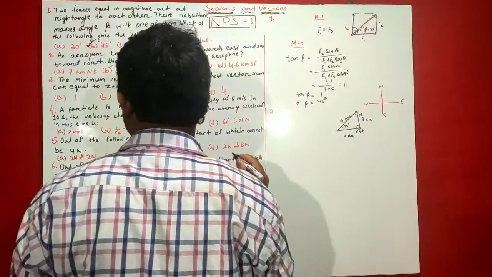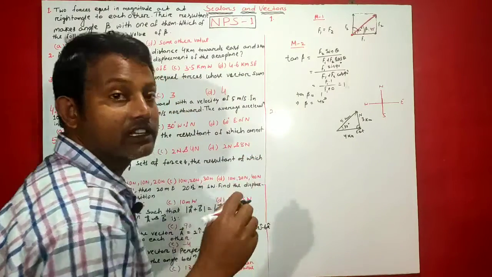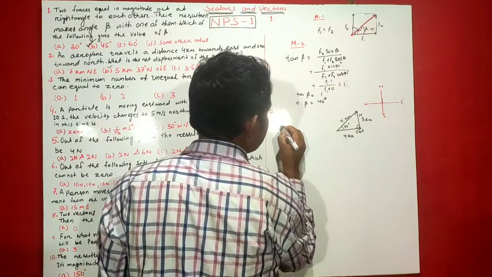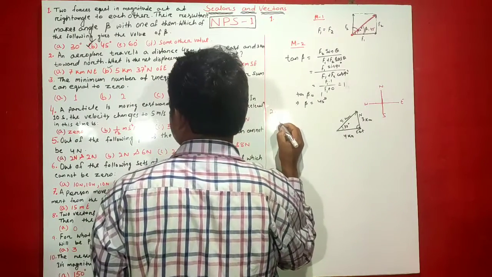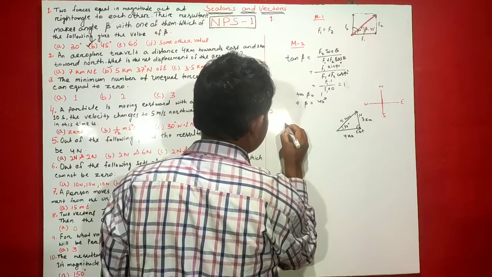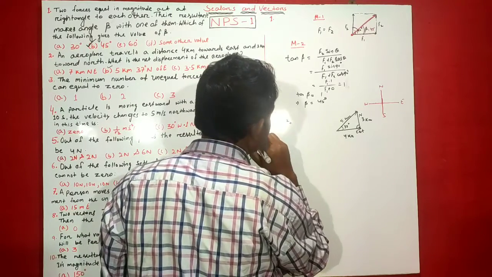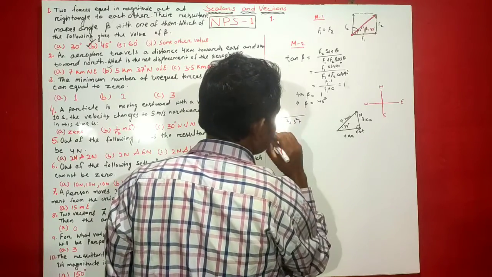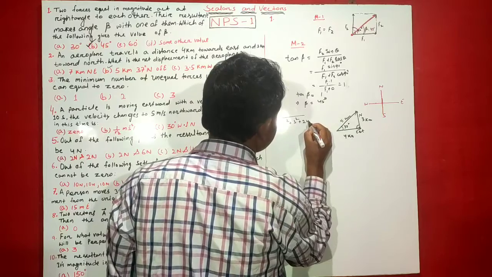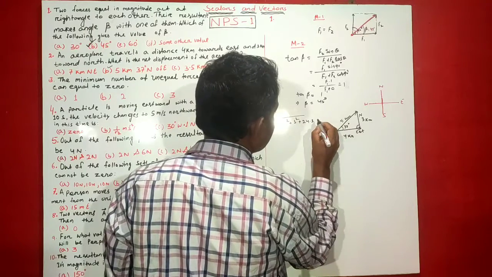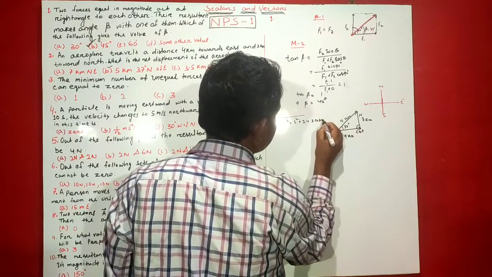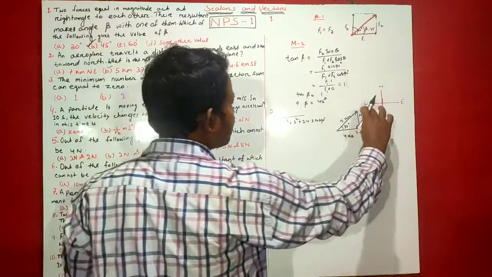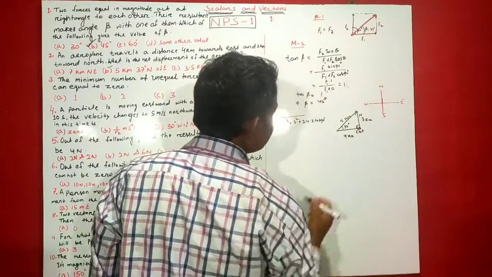We can also find it by putting the formula of vector addition. Our resultant will be the square root of 4 squared plus 3 squared plus 2ab, that means 2 into 4 into 3, cos 90 degrees. The angle between the two vectors, 4 km and 3 km, is 90 degrees.